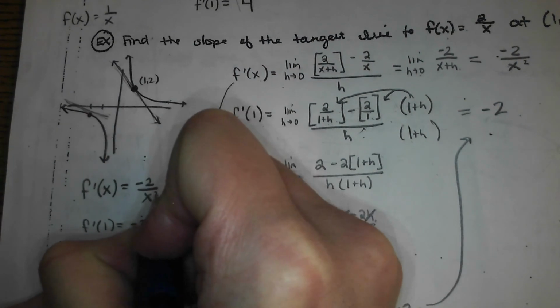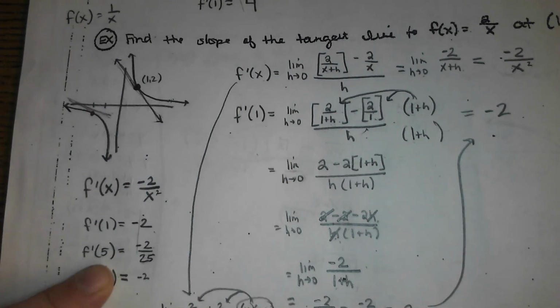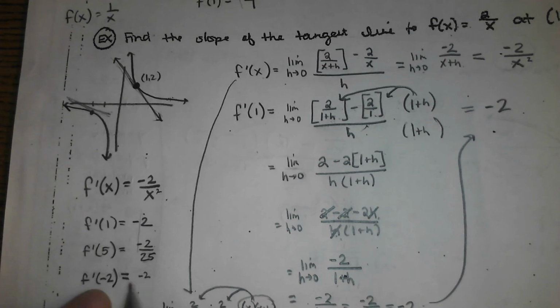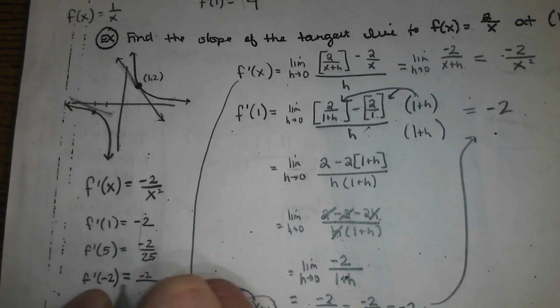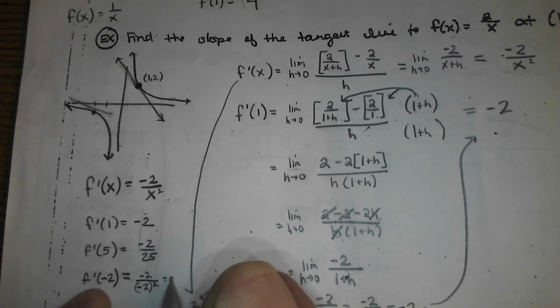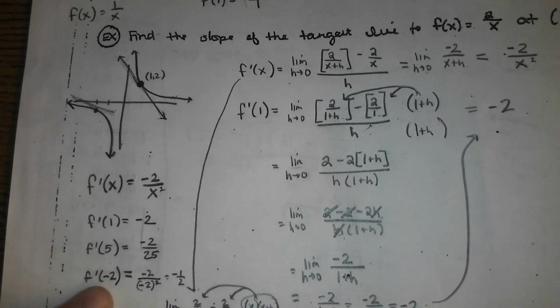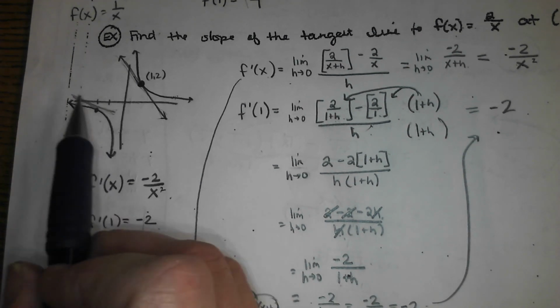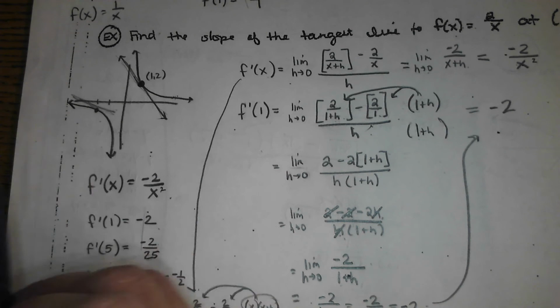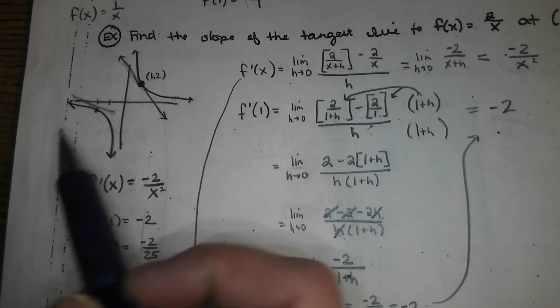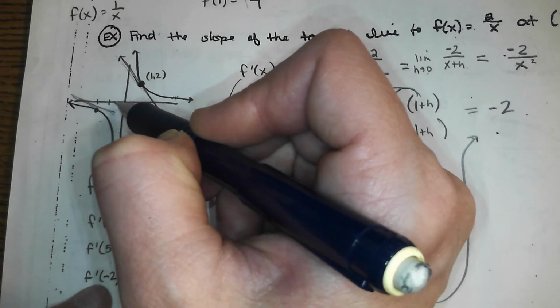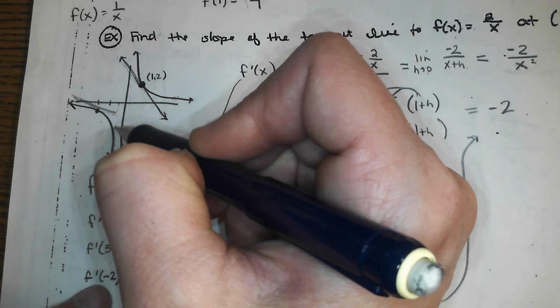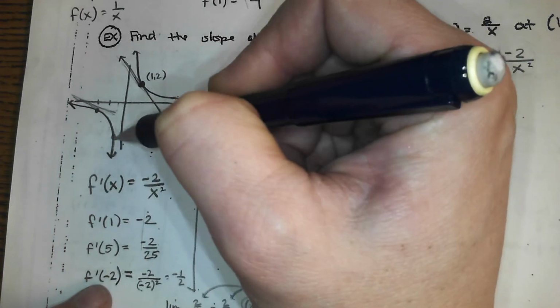That will be 25. Okay, so now when we go negative 2 over this number squared, it'll be negative 2/4, which is negative 1/2, which does give us what Mitch expected, a negative slope, but not so very negative. And at negative 1/2, what would you say about the slope here?